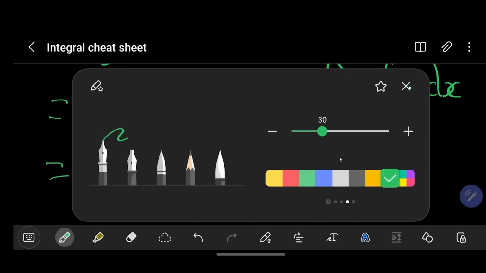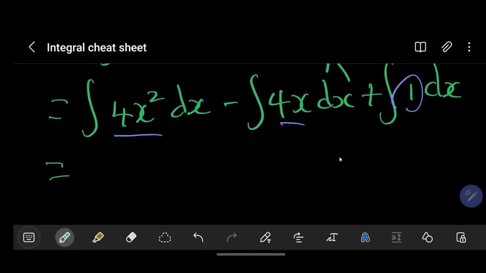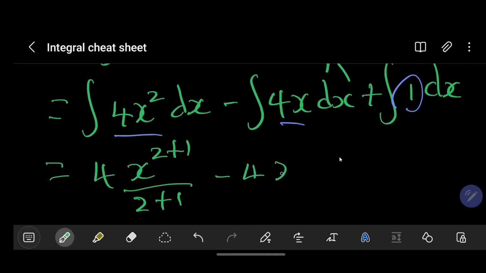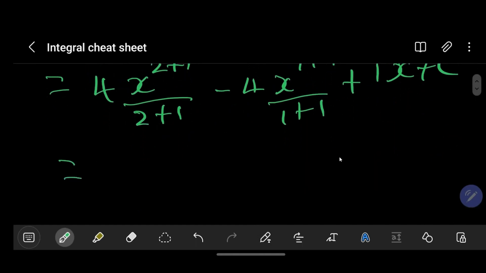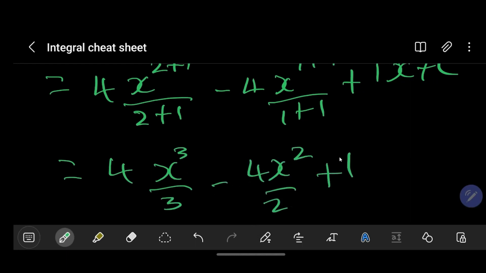So this is now equal to 4 times x^(2+1) all over 2+1, minus 4 times x^(1+1) all over 1+1, plus 1x, and don't forget the plus c. If we simplify this, we will have 4x cubed over 3 minus 4x squared over 2 plus x plus c.